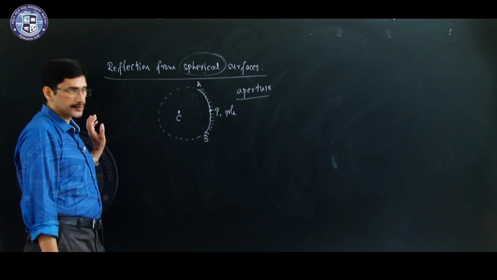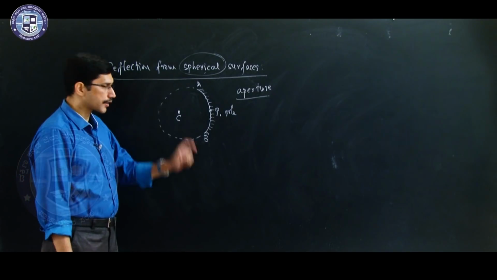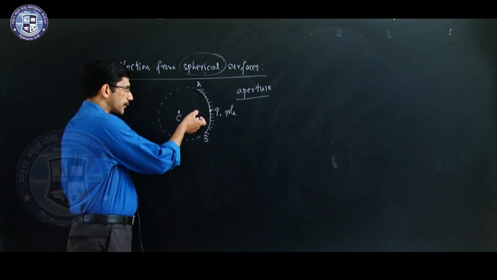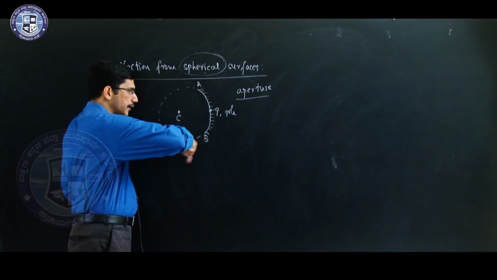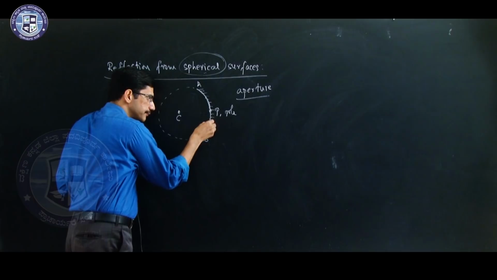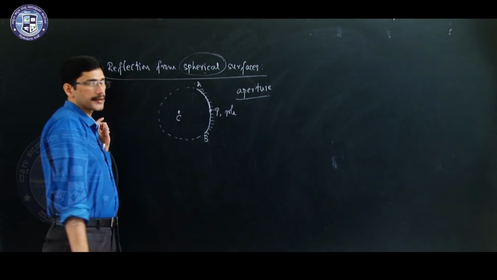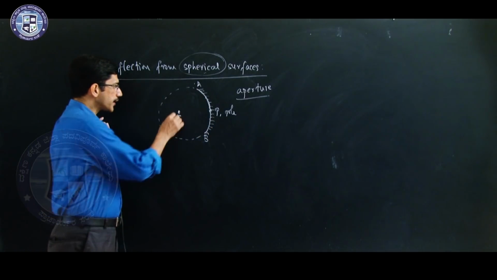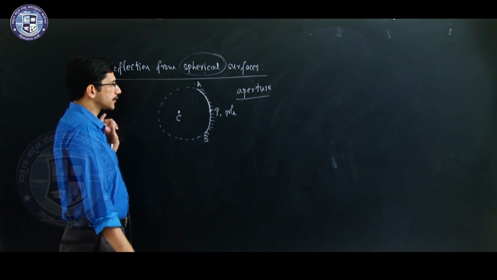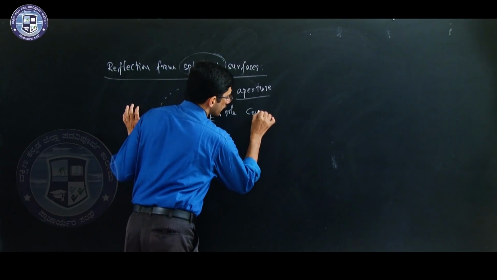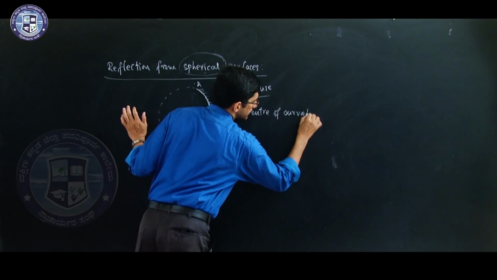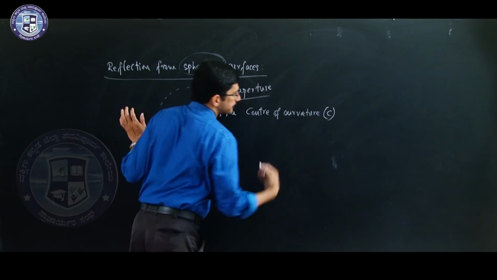Then C is the center, and C is called the center of curvature. Center of curvature is the center of the sphere of which the given surface is a part.